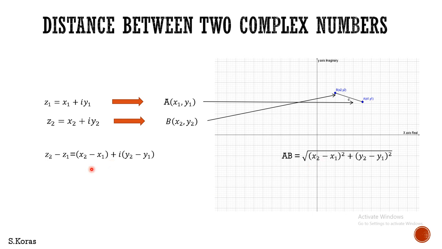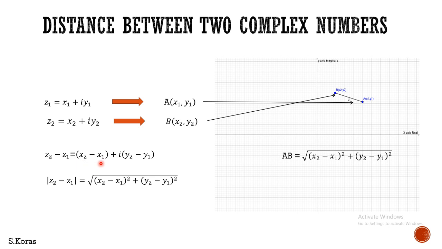Now let us try to find modulus value of this complex number. Its modulus value is square root of real part square plus imaginary part square. So if you want to find modulus of a complex number, you have to find the square root of the real part square plus imaginary part square.